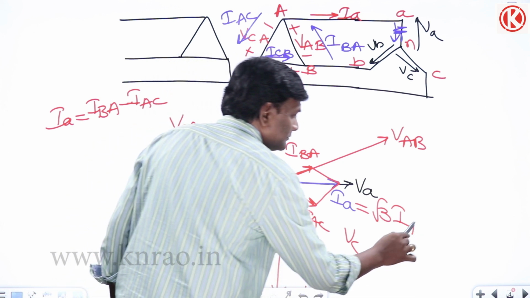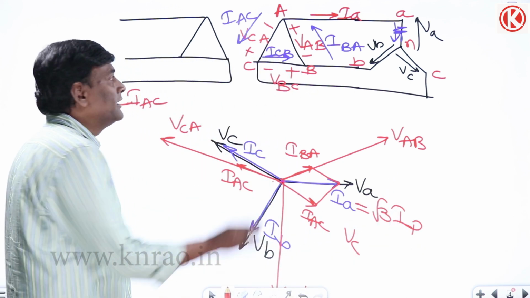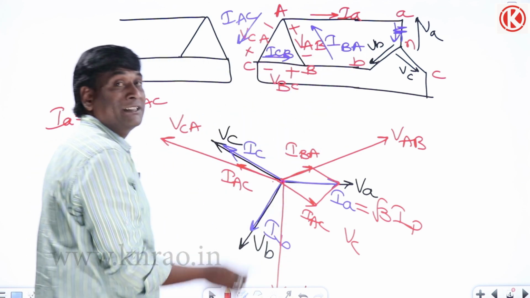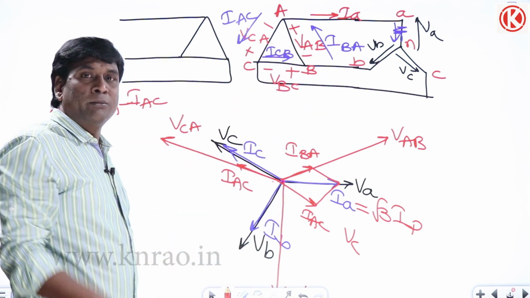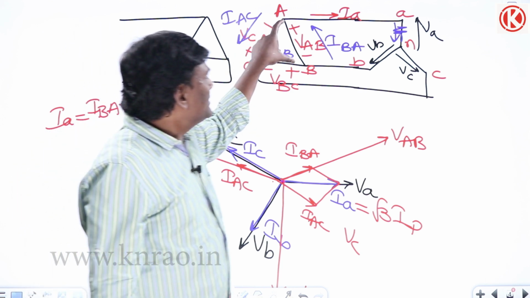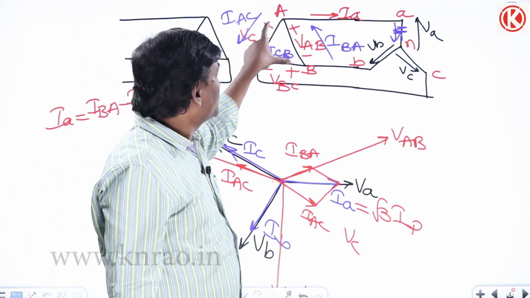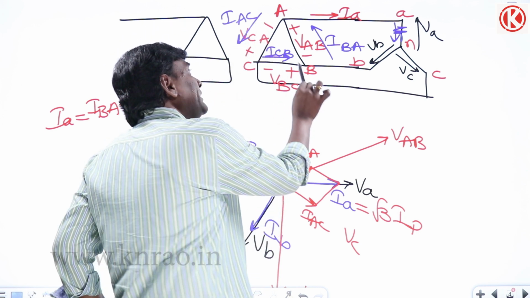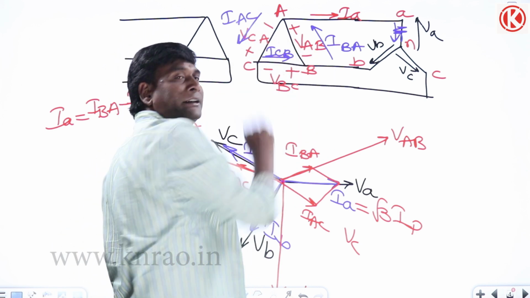Here rated current is flowing, here rated current is flowing, here root 3 times the rated current of the transformer will flow, such that the phase voltage is going to be the line voltage here, not at the load. Okay, so here this voltage and this current are in line.